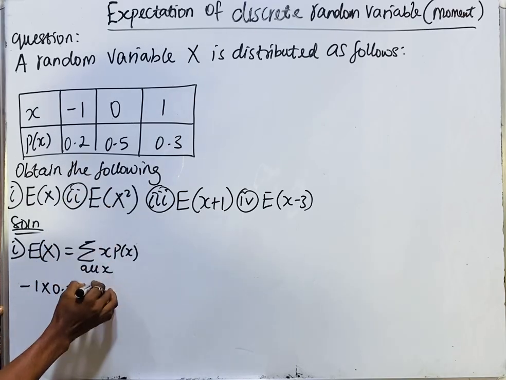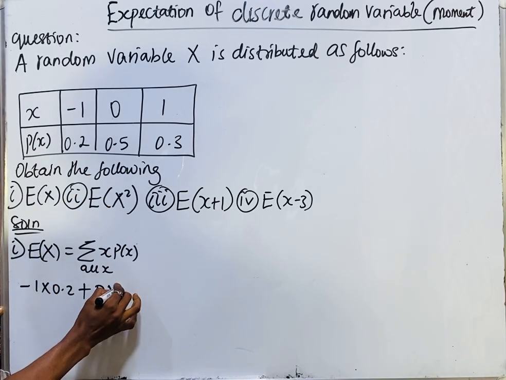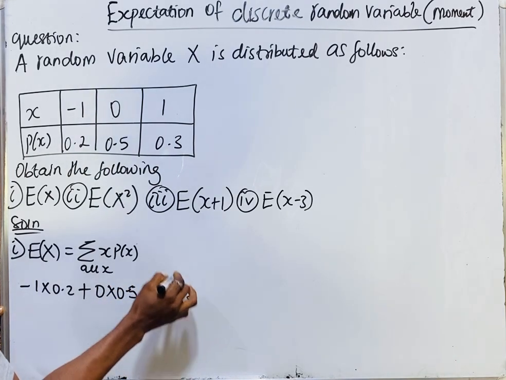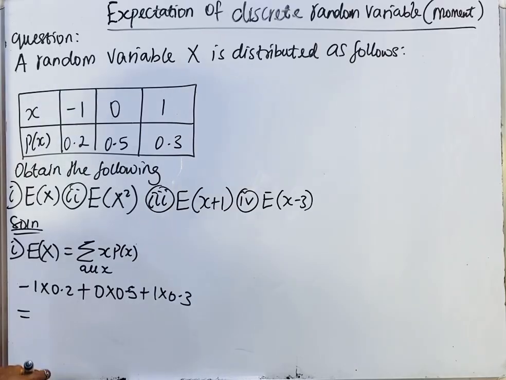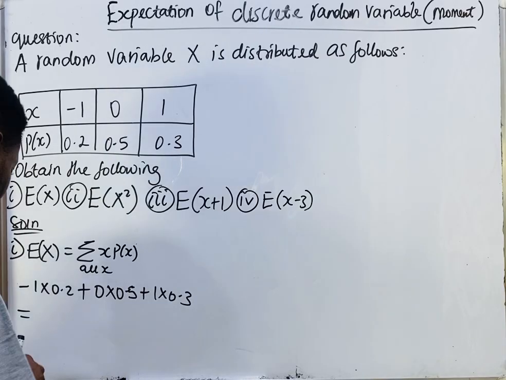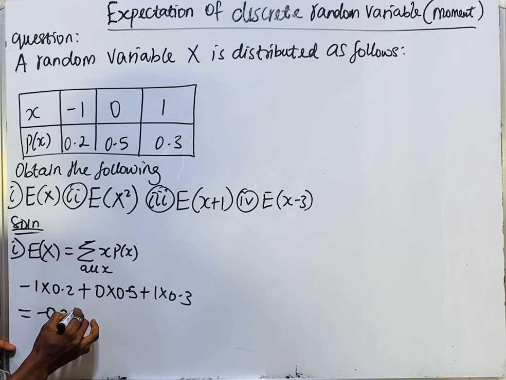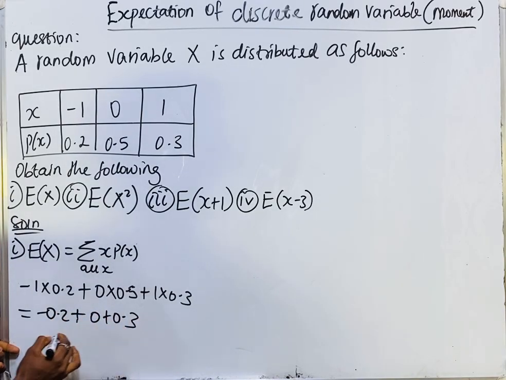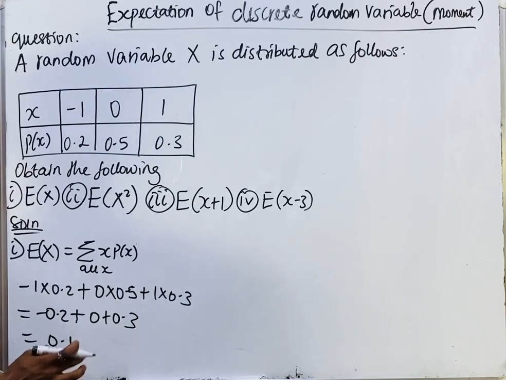Then plus 0 times 0.5 plus 1 times 0.3. So what are you going to have? We have minus 0.2, sorry for wasting your time, then plus 0 plus 0.3. So we're going to have 0.1. So that's the answer for this one.